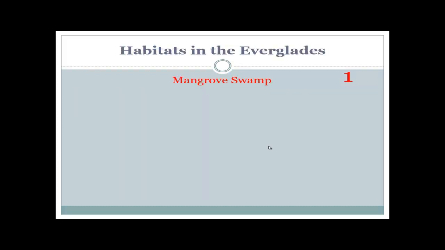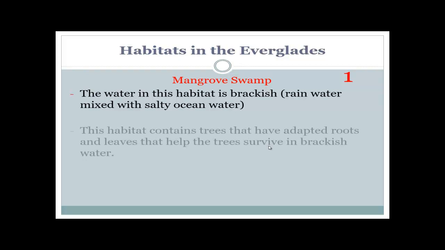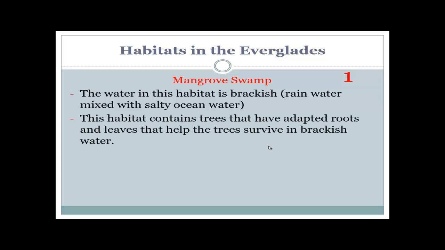The first kind of habitat is the mangrove swamp. It's called the mangrove swamp because of the mangrove trees that grow in this kind of habitat. The water in this habitat is brackish. What is the meaning of brackish water? It is rainwater mixed with salty ocean water. This habitat contains trees that have adapted roots and leaves that help the trees survive in brackish water.